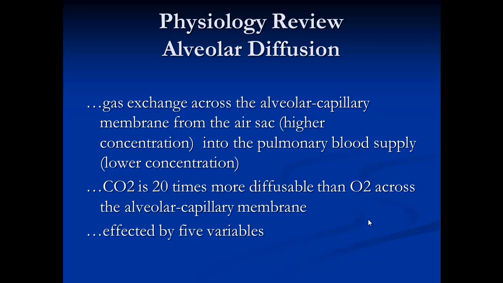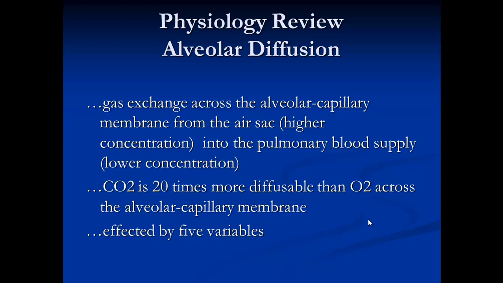Pulmonary gas exchange is the exchange of gases between the alveoli and the pulmonary capillaries. The gas exchange also passes between the peripheral tissue capillaries and the tissues of other organs. So it's the gas exchange across the alveolar capillary membrane into the pulmonary blood supply.